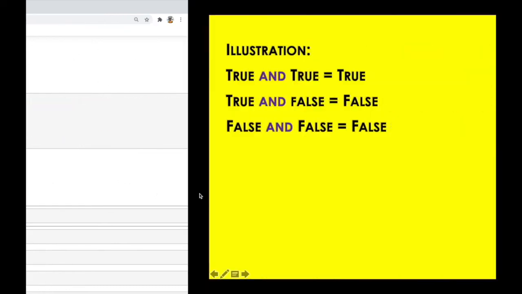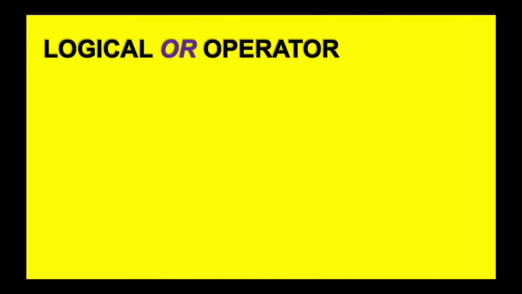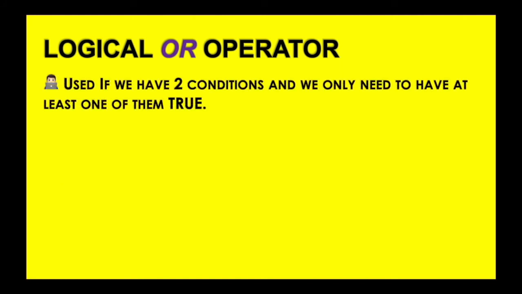Let's go now to our PowerPoint presentation. So let's have now our logical OR operator. Basically, the logical OR operator is used when we have two conditions and we only need at least one of them to be true. So we don't need both of them to be true, unlike the logical AND operator.